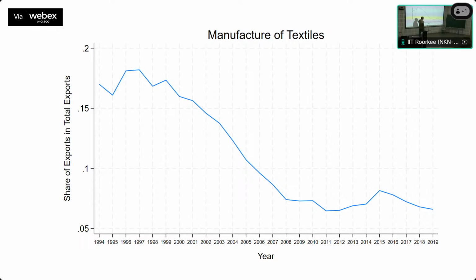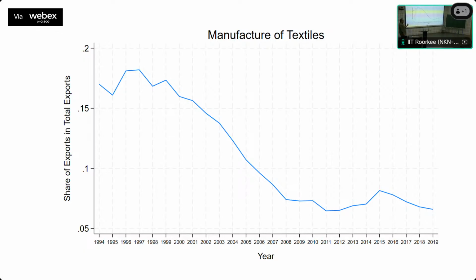And then you can see it's kind of stable. If you take this number and this number, it is not statistically different. But the main drop happens here when China hits the market.